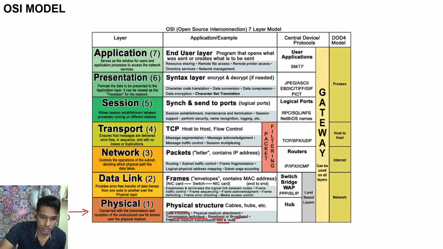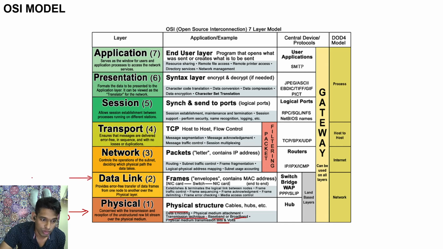So this addressing, framing, and logical distinction between various devices, nodes, whether the frame has reached correctly or whether you need to retransmit the frame, the error checking, and who can transmit when. All these things come in the data link layer.